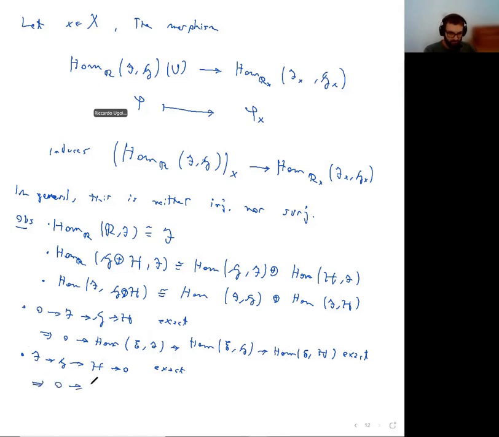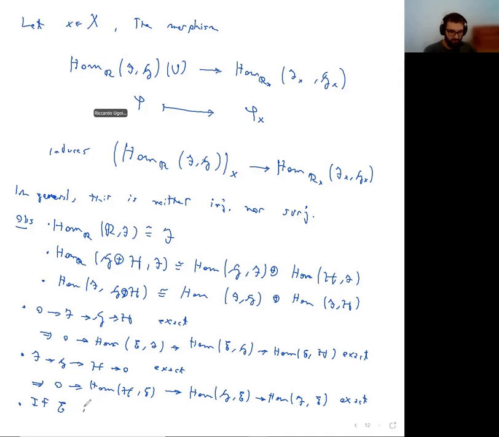Then remember that if you put it on the left, it's covariant. If you put it on the right, it's contravariant. So this is the contravariant version. This is exact. We do have some special trick with locally free sheaves.